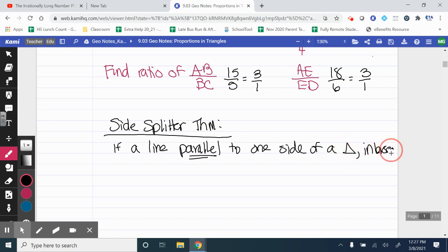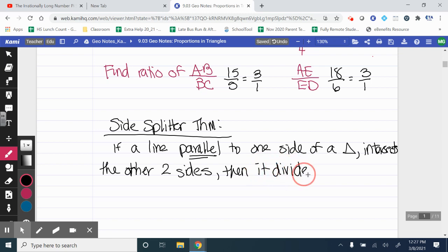intersects the other two sides, then it divides them proportionally.